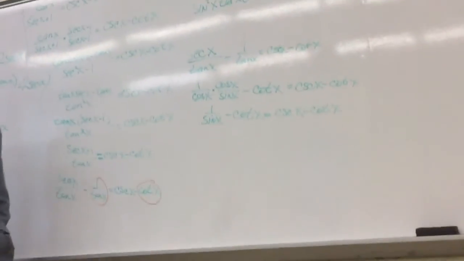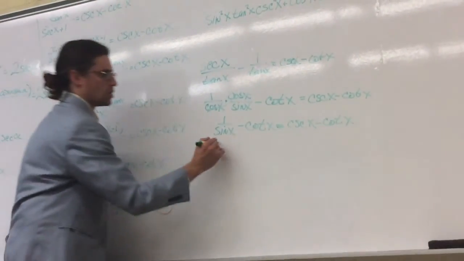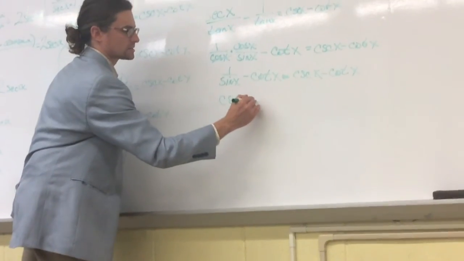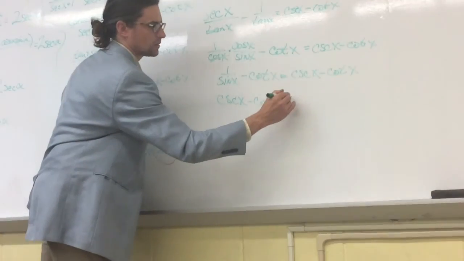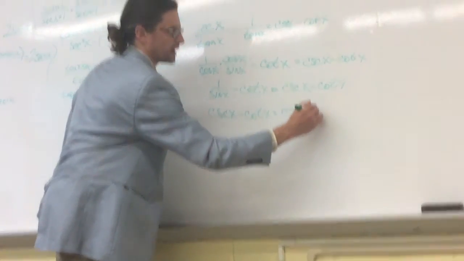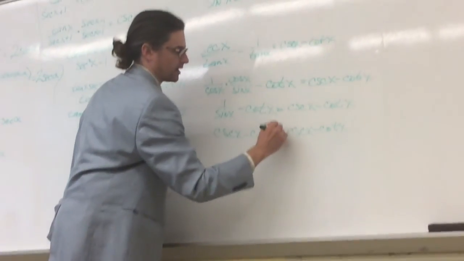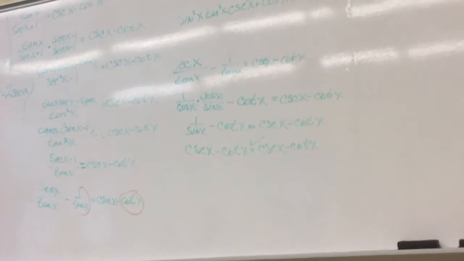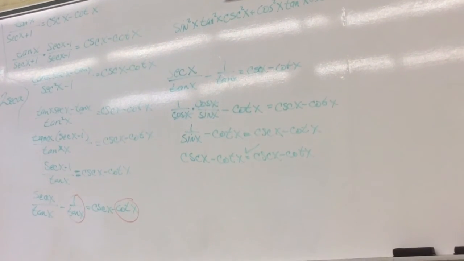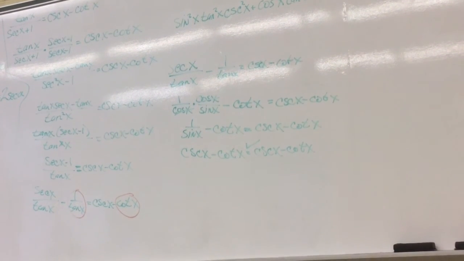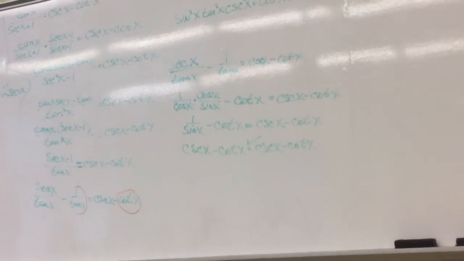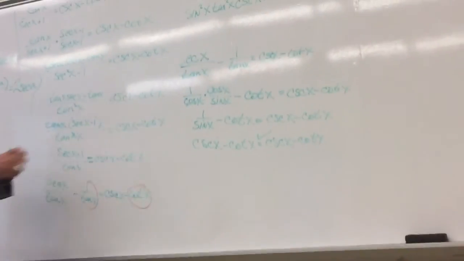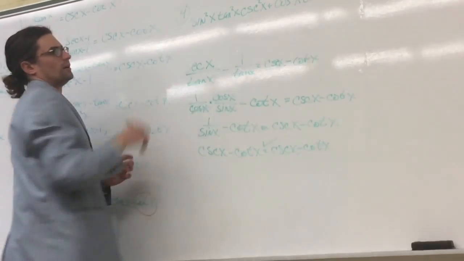And what's 1 over sine equal to? Cosecant. Cosecant x minus cotangent x equals cosecant x minus cotangent x. And we did what we wanted to. You guys can give number 4.